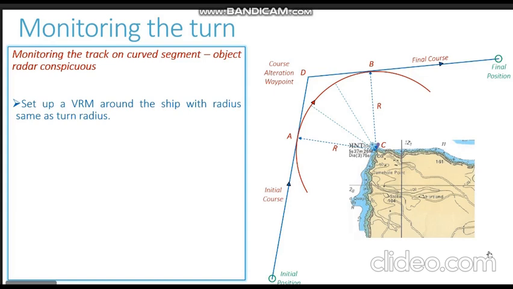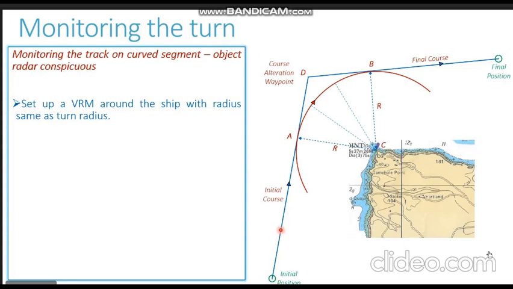For this, a very simple technique is to set up a VRM around the ship with radius equal to our planned turn radius. So we have planned our turn using radius R. Using the same radius, we set up a VRM on the ship when it is proceeding on the initial course.